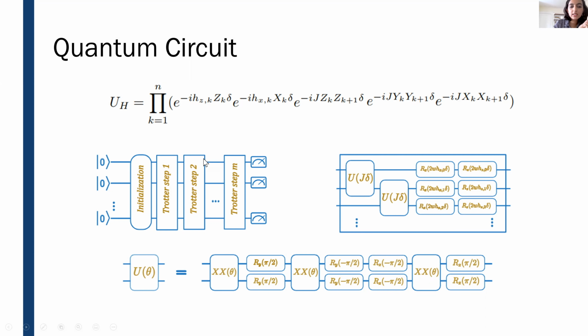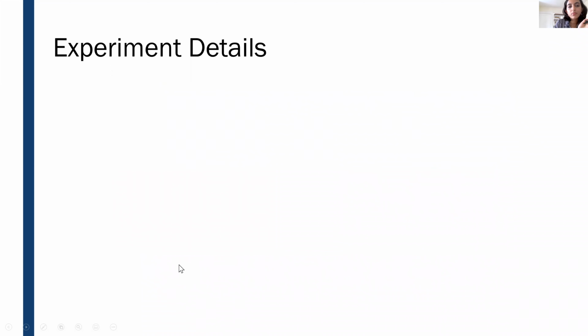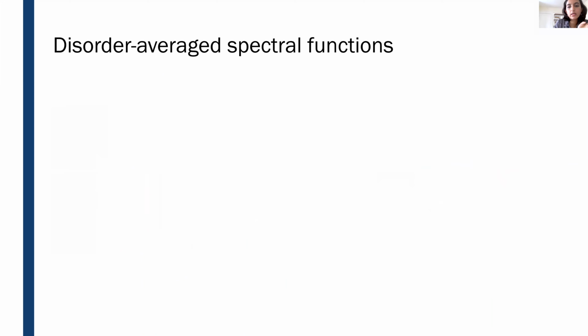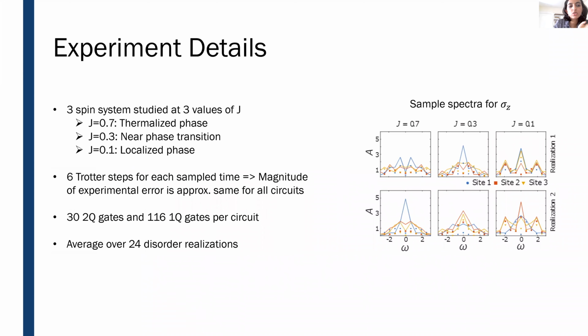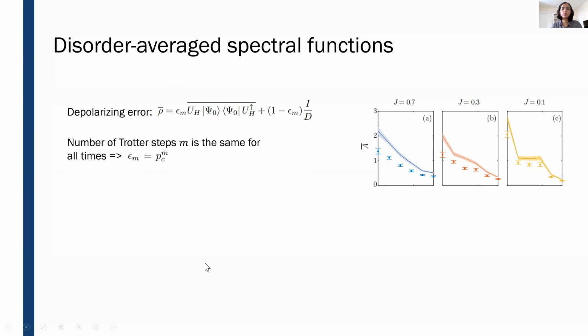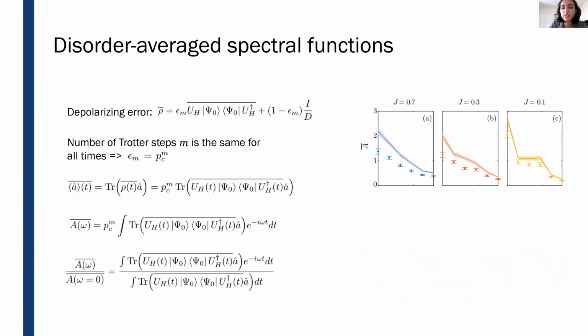But basically, for time evolution under that Hamiltonian, we designed a quantum circuit, and we studied this one on a 3-qubit system at 3 different values of the Heisenberg coupling. We studied it for various realizations of the disorder. And so I'll describe the results quickly.